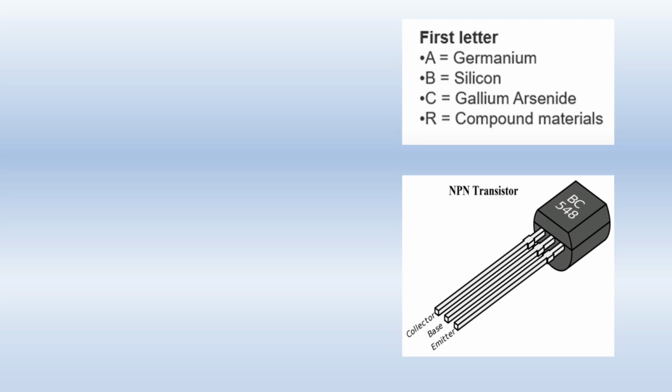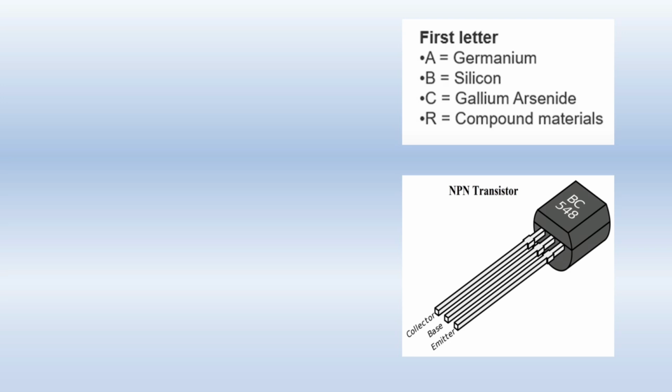Now here you can see we can identify according to the letter also. If the first letter is A, it means this transistor is of germanium. If the first letter is B, as it is here in this diagram, it means this transistor is of silicon. C is gallium arsenide, and if R is written, it means it is of compound material.